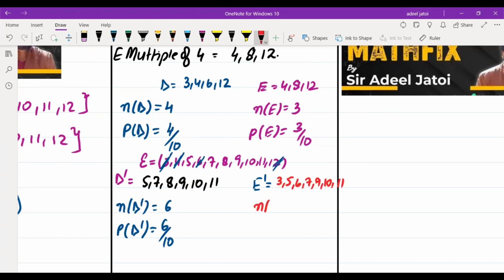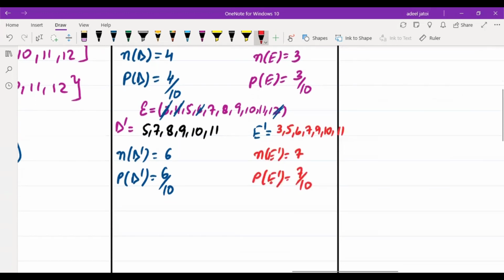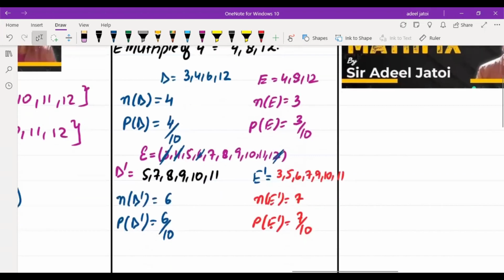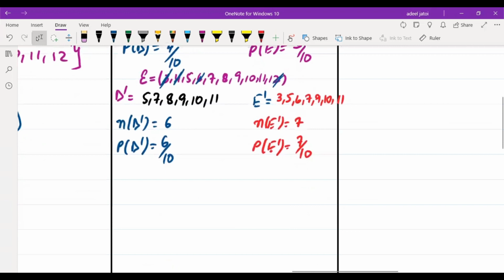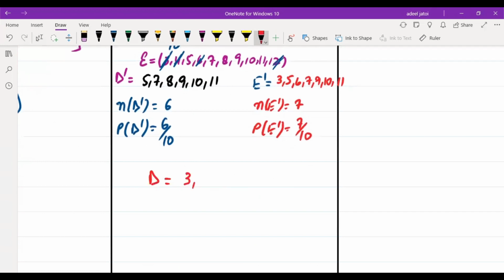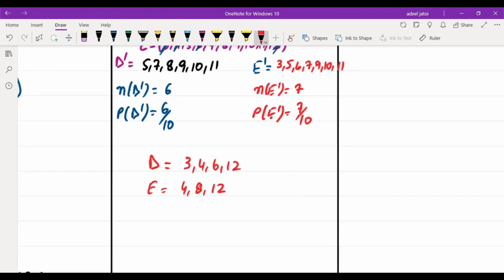So NE complement will be 7, and PE complement will be 7 upon 10. Now, with the same data, since we have D and E, let's say D was 3, 4, 6 and 12, and E was 4, 8 and 12.